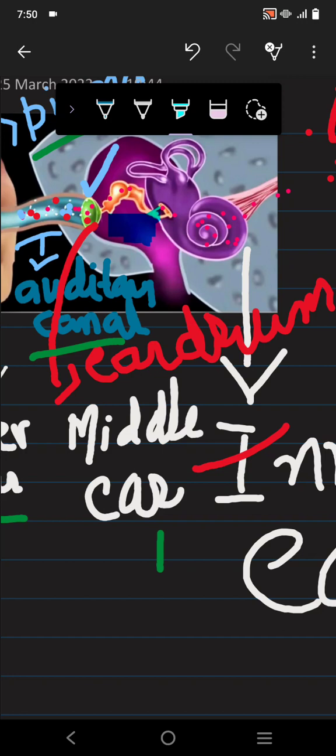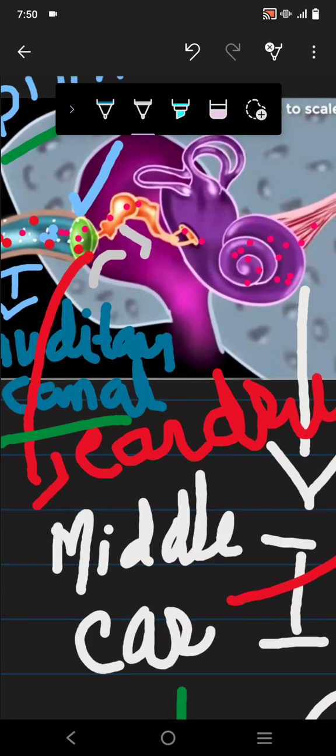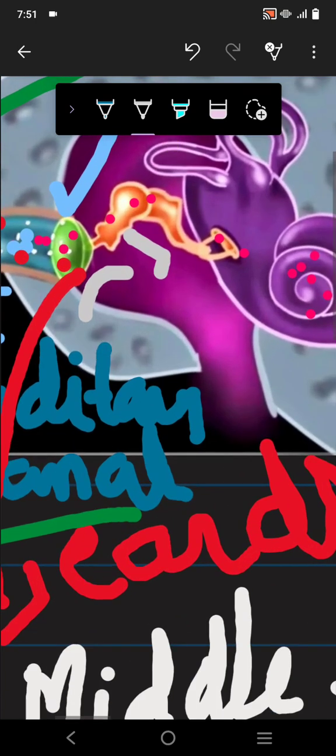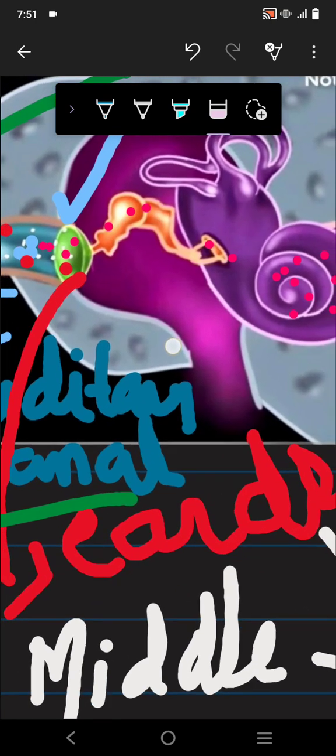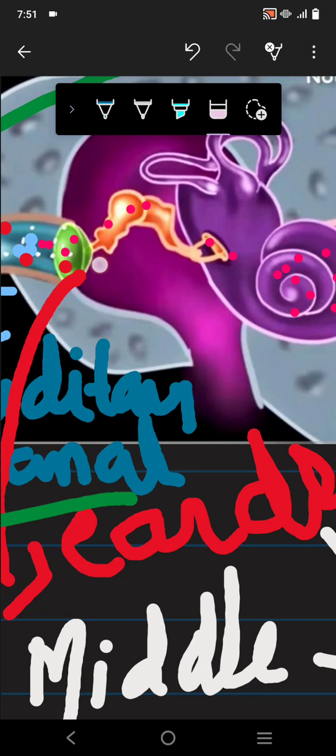For example, now the wave goes from your eardrum to these bones, so the wave will be vibrating. These bones will be vibrating and they will be going at a very high pressure. Why? Because, as you can see, this is the large area.